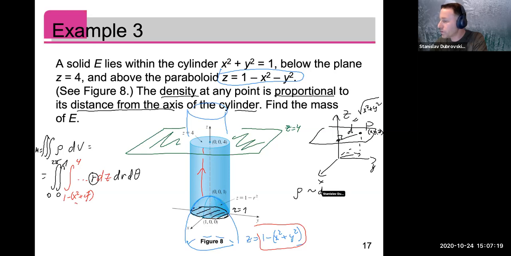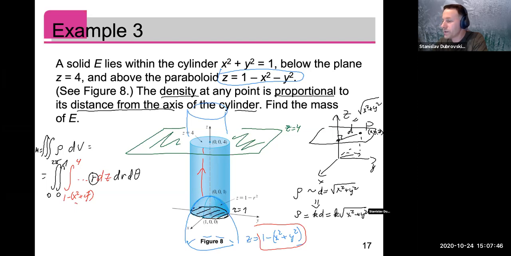The density is proportional to this distance to the z-axis, the square root of x squared plus y squared. Okay, good. So then what does it equal? It follows that the density should be exactly equal to what? Right, if it's proportional to a quantity, then it will be a constant, call it k, times the quantity itself. In other words, it will be k times the square root of x squared plus y squared.